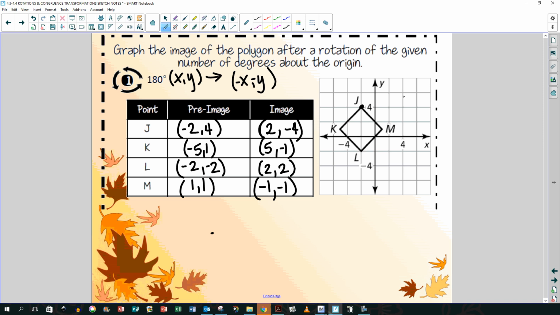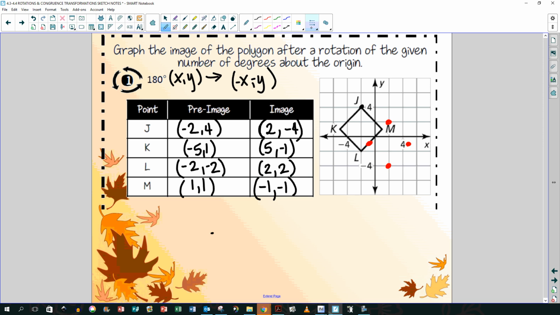All right, so now plot your new points so we can see what it looks like when you rotate it 180 degrees. So now I'm going to go 2, -4, 2, 4, 5, -1, 2, 2, and -1, -1.